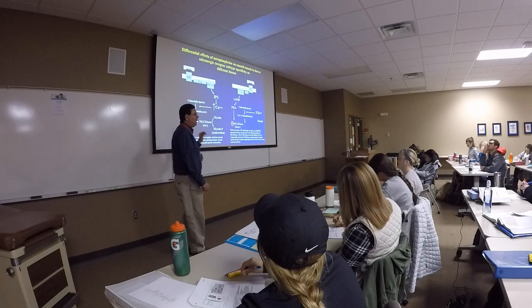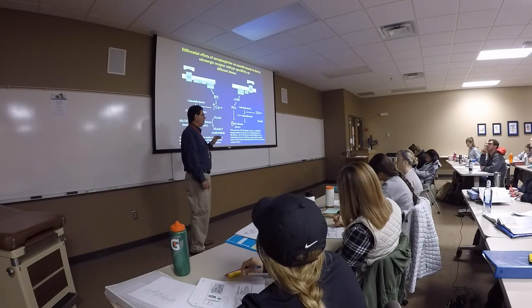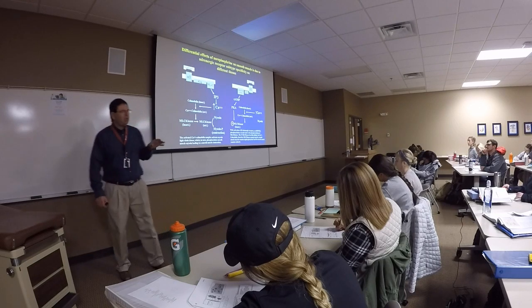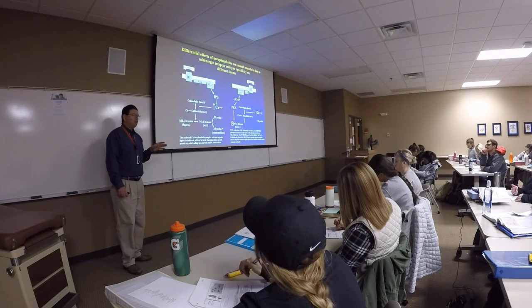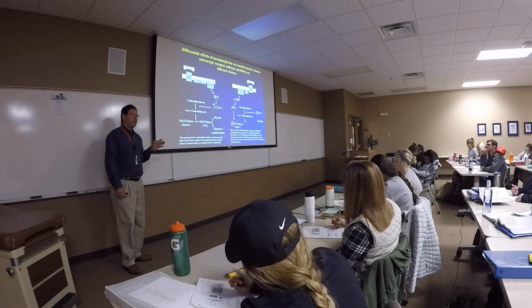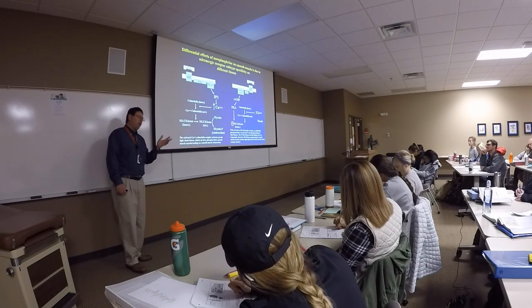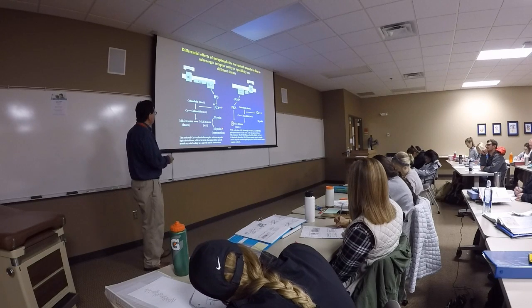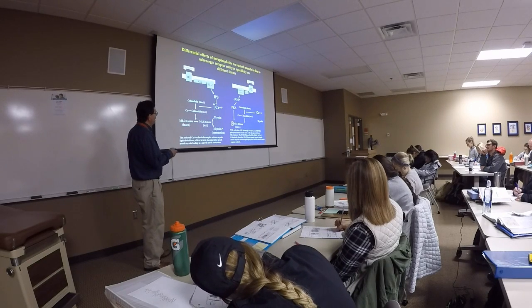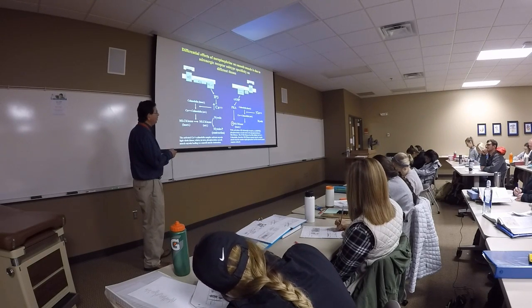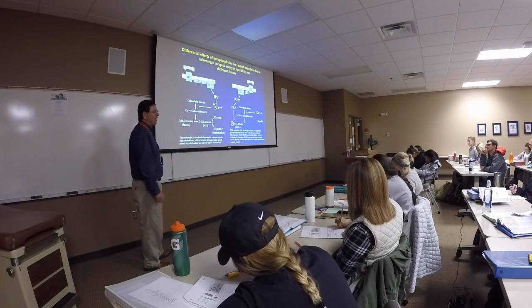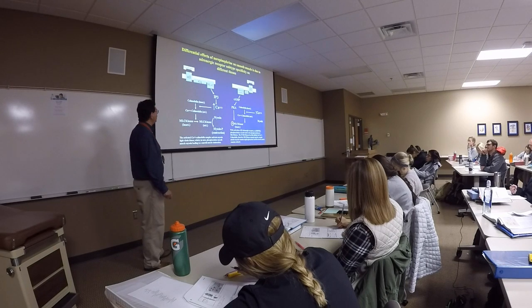But when you bind the beta-2 adrenergic receptor found on smooth muscle, you don't get smooth muscle contraction, you actually get smooth muscle relaxation. Think about this. The same molecule, norepinephrine, here causing smooth muscle contraction, the same first messenger molecule here causing smooth muscle relaxation. Why is it different?